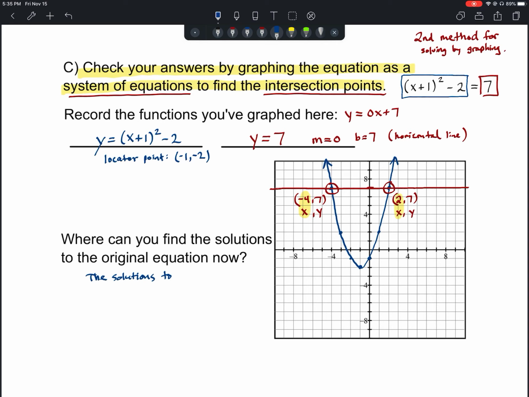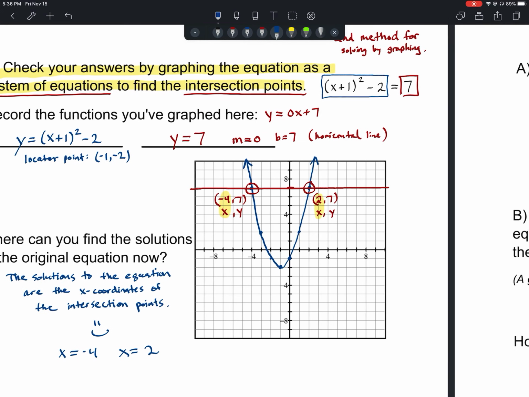I'm losing my mind. In this case, again, we had x equals -4 and x equals 2.